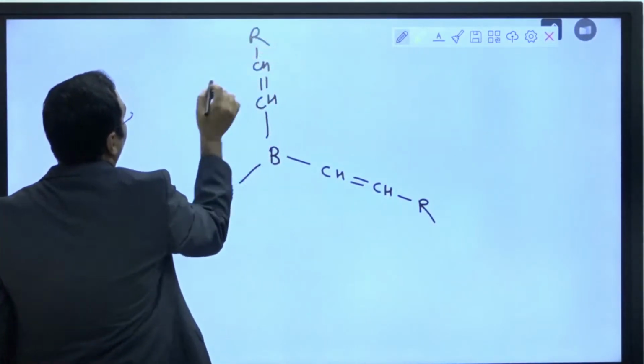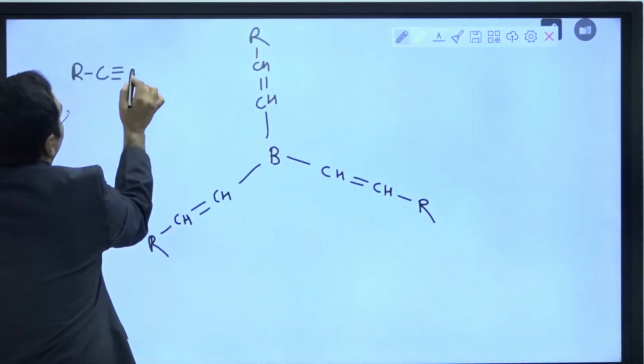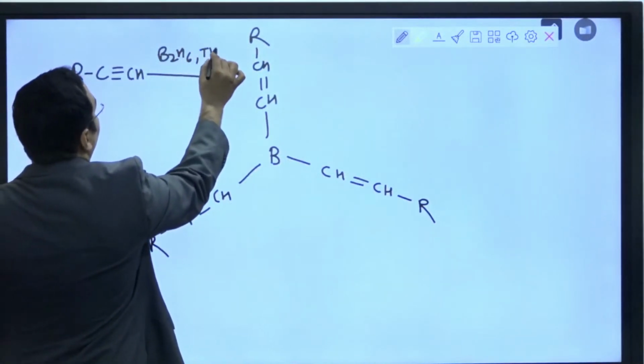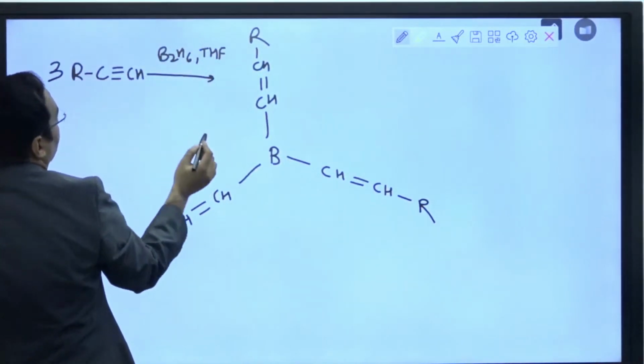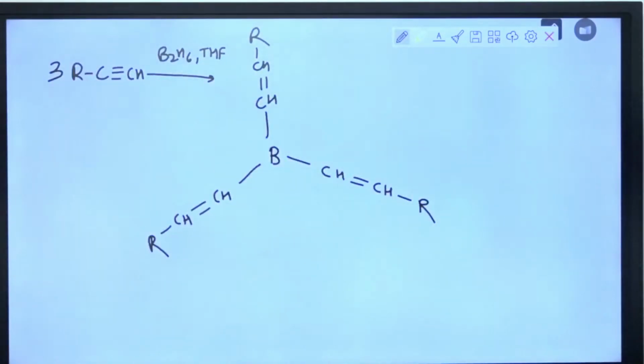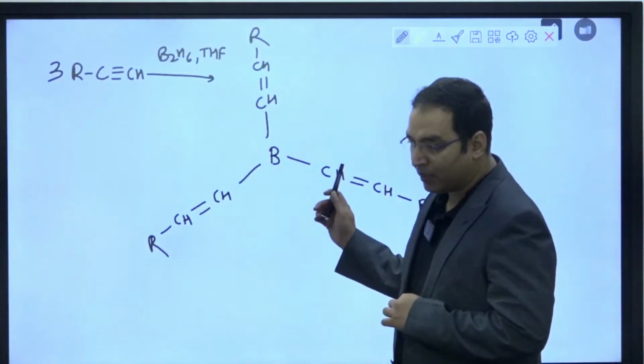Please draw. If you start with RC triple bond CH, you react with B2H6 THF, you take 3 units of this, this is going to form. Is it clear now what I am trying to convey? Why it is formed? Is it clear?